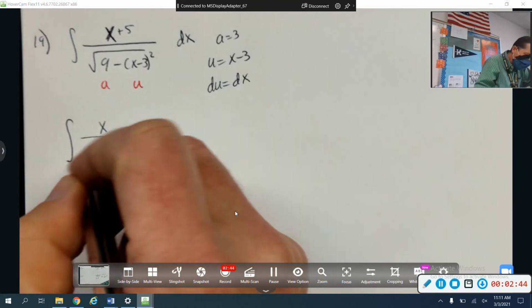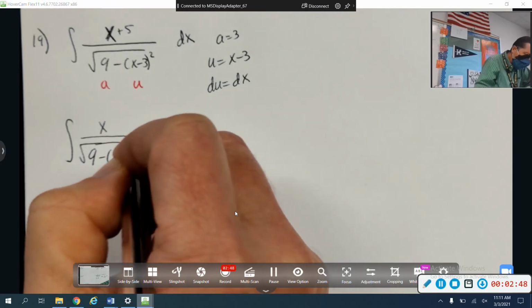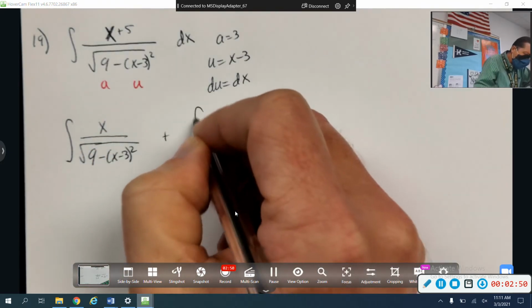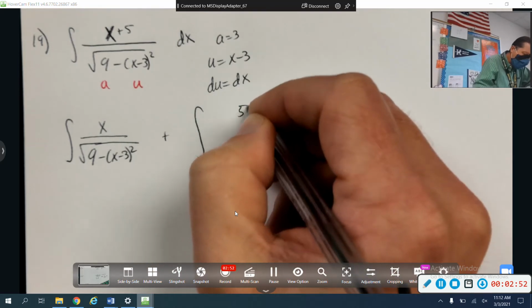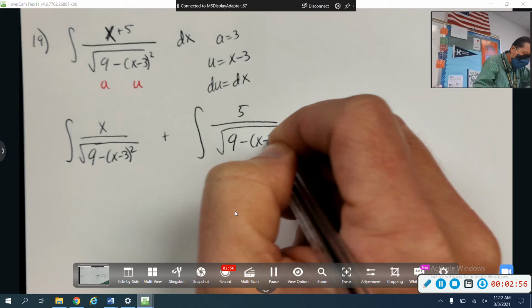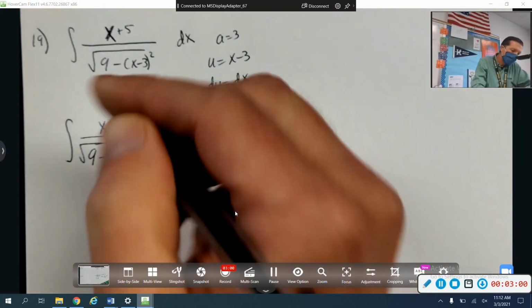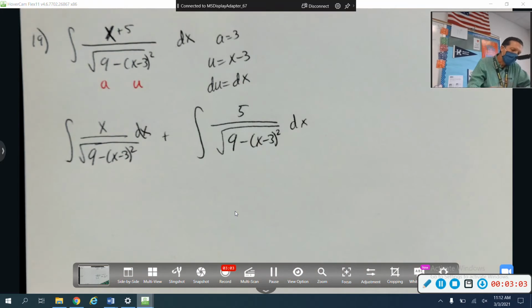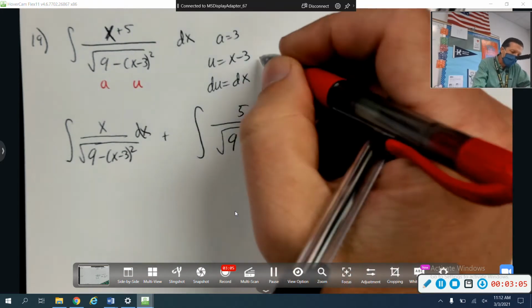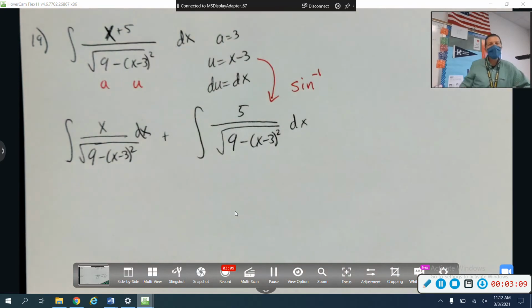X over square root of 9 minus x minus 3 squared, plus antiderivative of 5 over square root of 9 minus x minus 3 squared. So pretty sure we got this second one figured out as an inverse sine problem. There's a 5 there, but that's not a problem. We can take that out front.